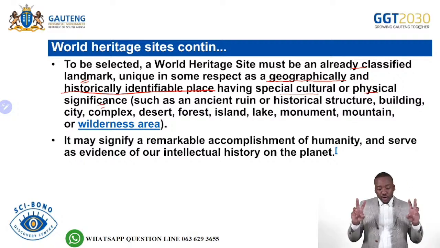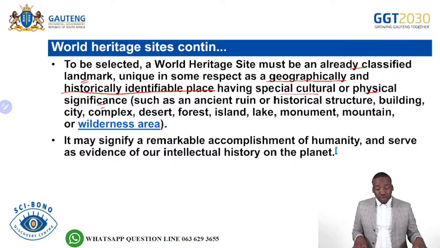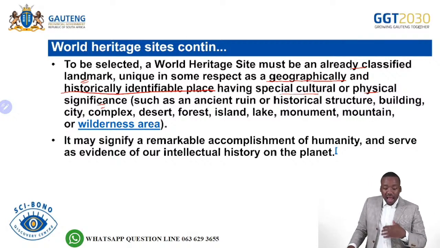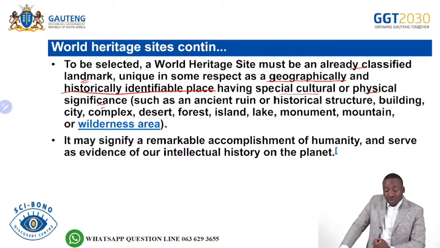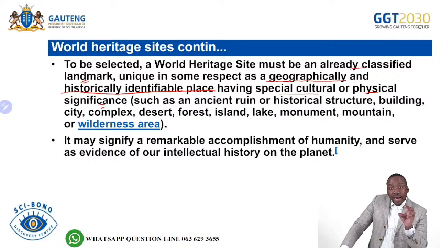It is not really new places, but that particular place might have something unique in terms of its geographical location, or what you can discover there in terms of the rocks, geology, and so on. Or it might have special cultural or physical significance.